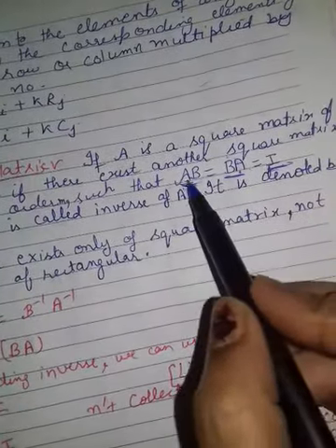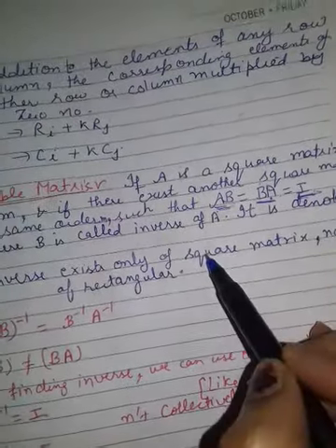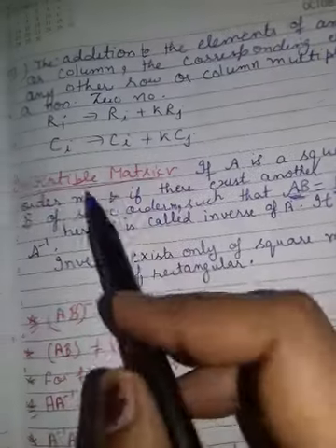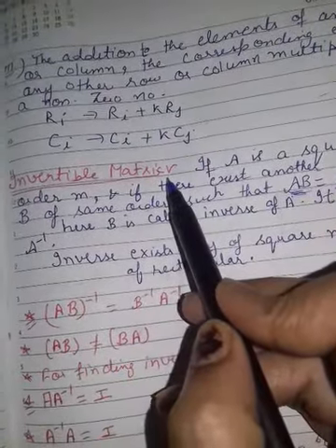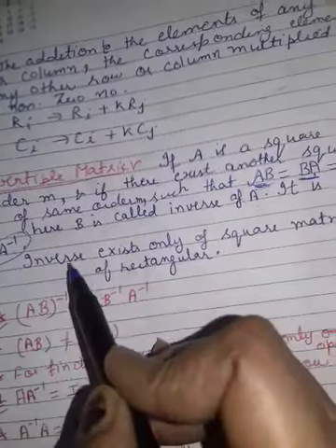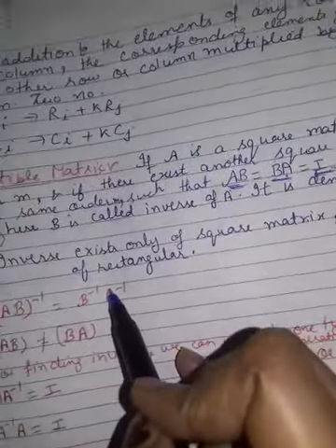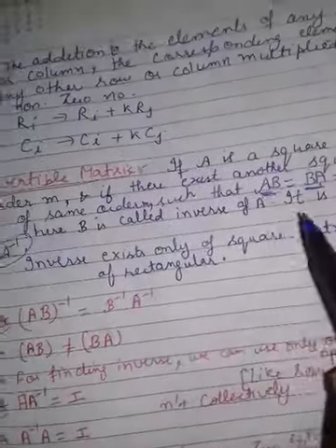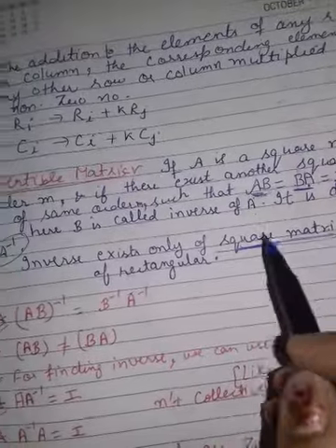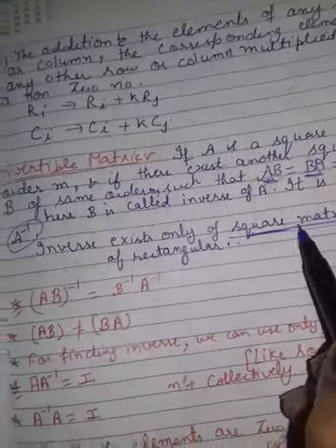Because their product makes I. If the product of any matrix with another matrix gives I, this is known as an invertible matrix. It is denoted by A inverse. Inverse exists only for a square matrix, not for a rectangular one. Clear? This is a point to remember.